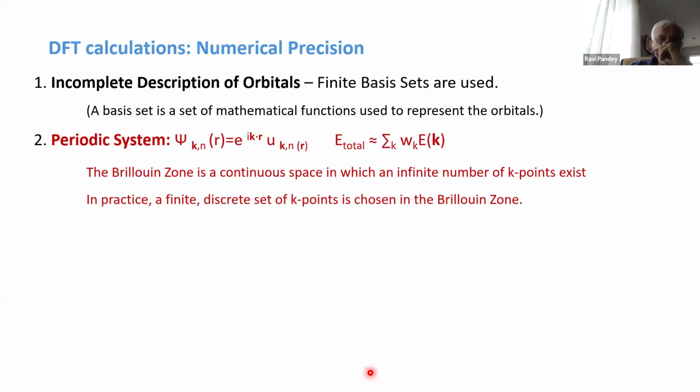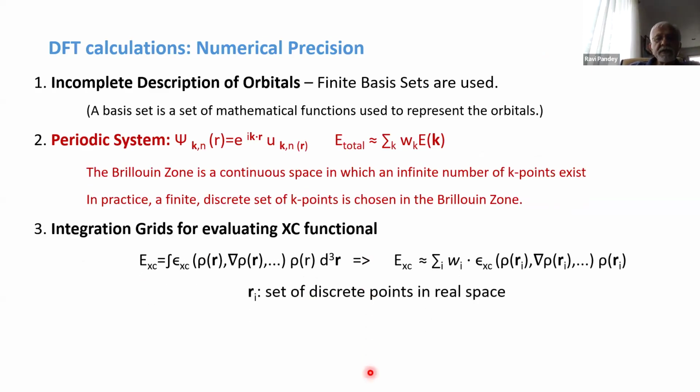So the numerical precision issue, as I said earlier, comes from the incomplete description of the orbitals, which you use to define the electronic density, because the basis set is made of mathematical functions, and we never have the so-called complete basis set. We always use an approximation. And the reason is that we have a periodic system, especially low-dimensional material in a 2D plane.